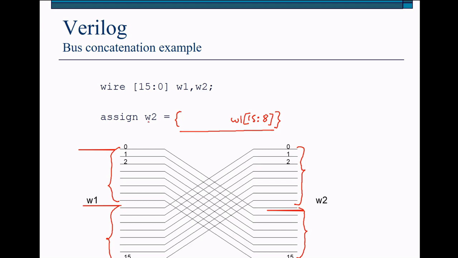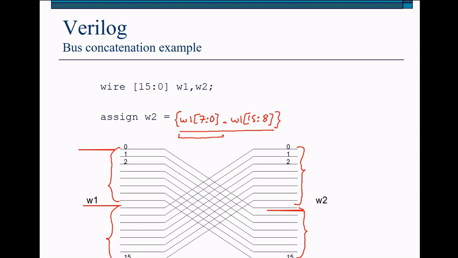And the upper 8 bits of W2 are connected to the lower 8 bits of W1. So the upper 8 bits on the right hand side must represent the lower 8 bits of W1, and the lower 8 bits of W1 go from 7 down to 0.